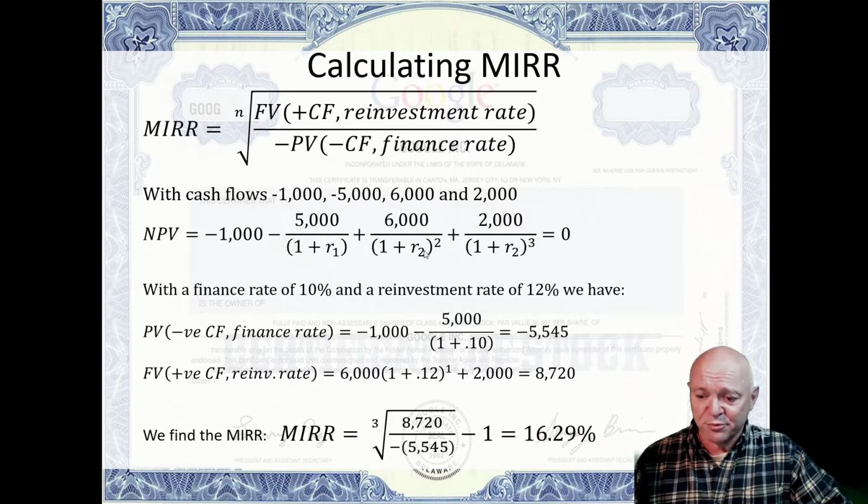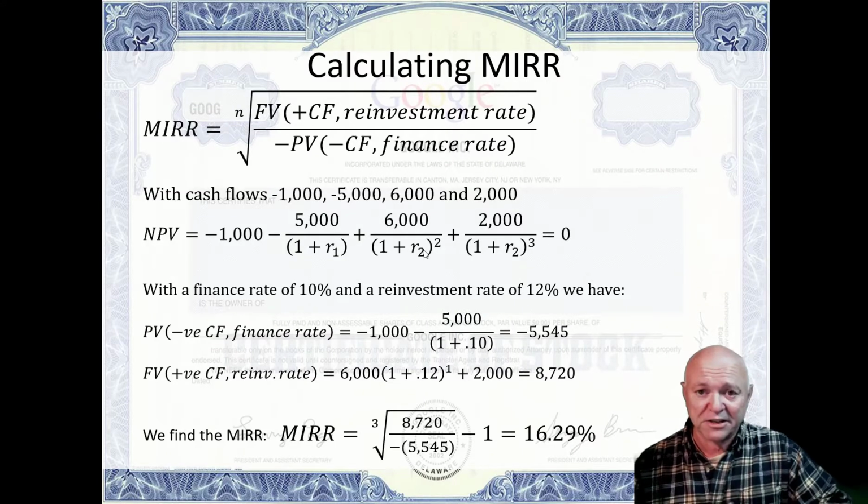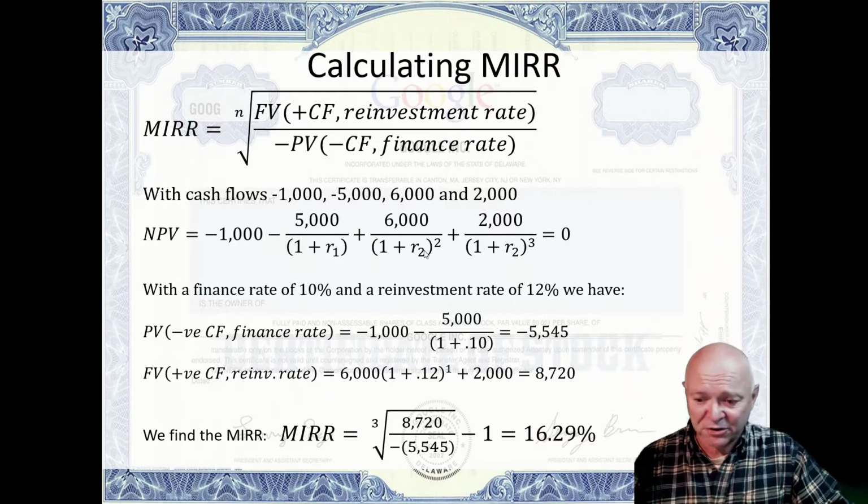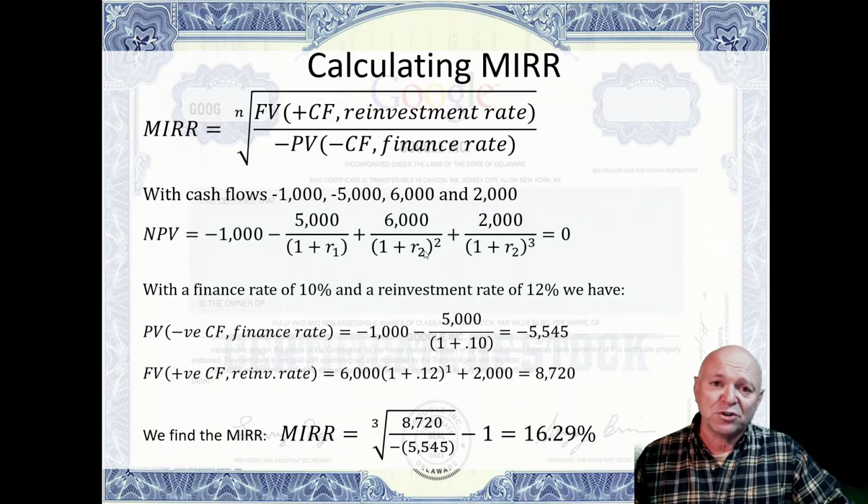And we take the third root of that, and so that gives us a value of 1.1629. Now we want to treat that as a percentage because that would be consistent and not as a factor. So we subtract 1 from that, and that gives us the modified internal rate of return of 16.29%.